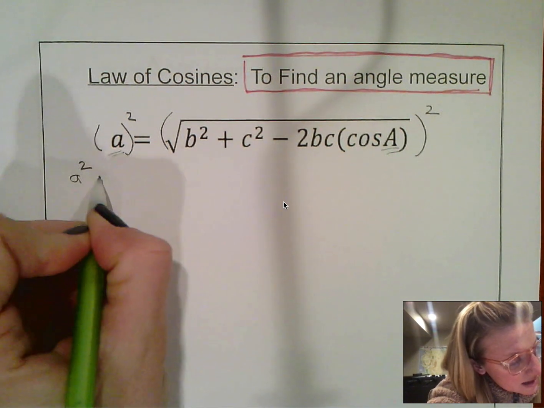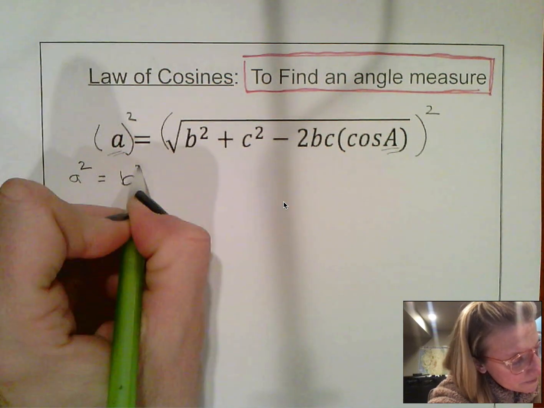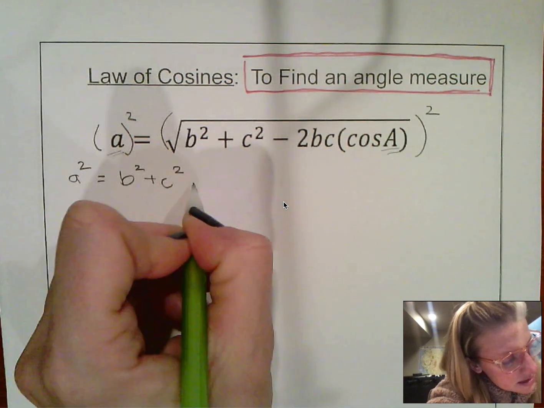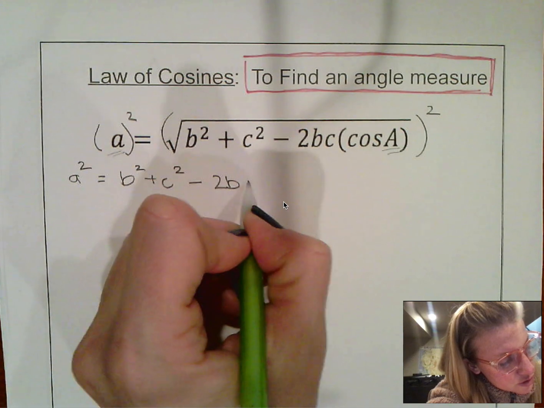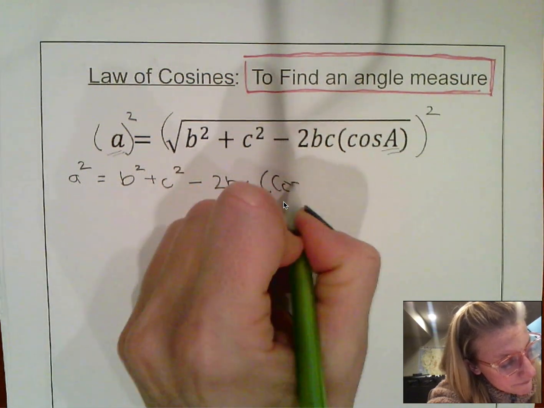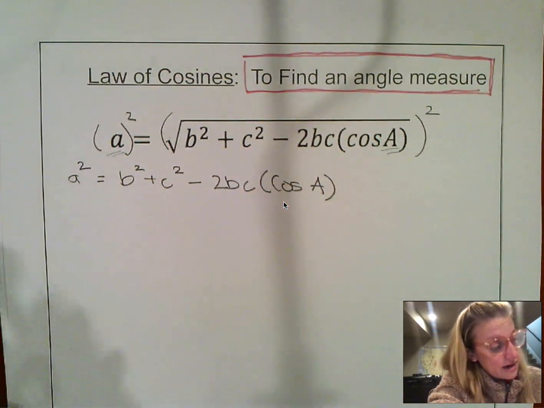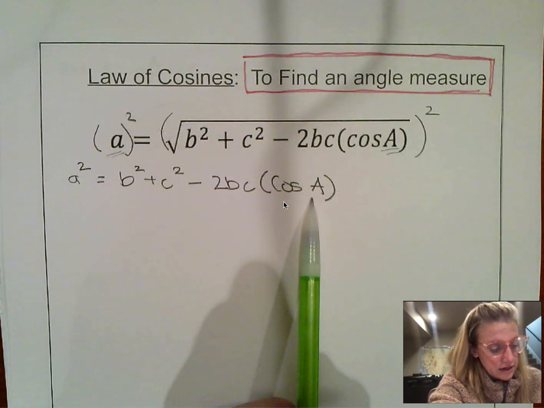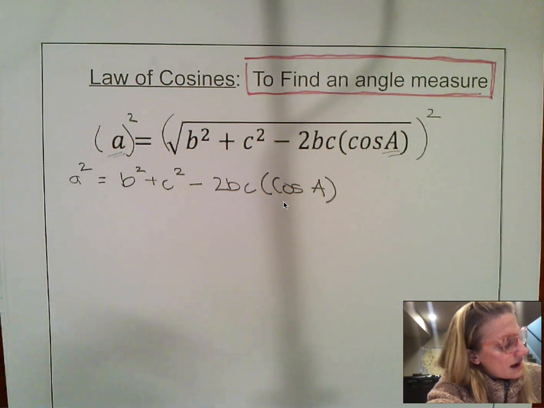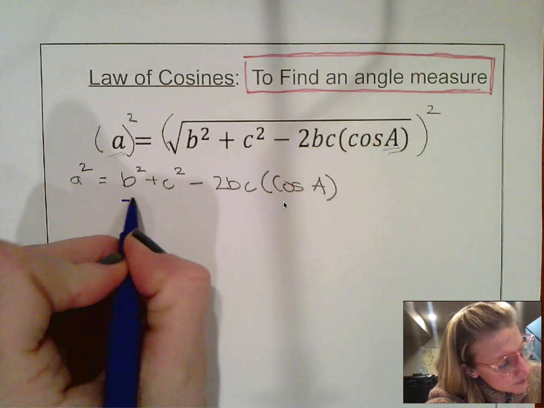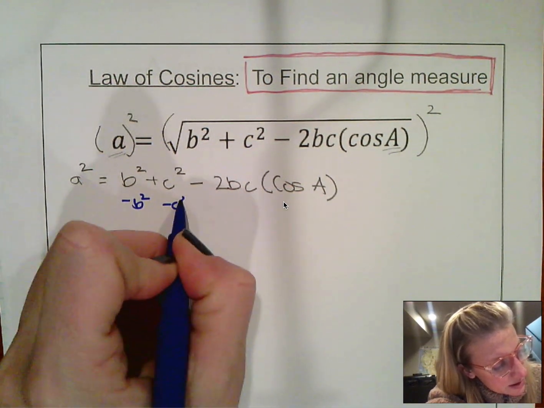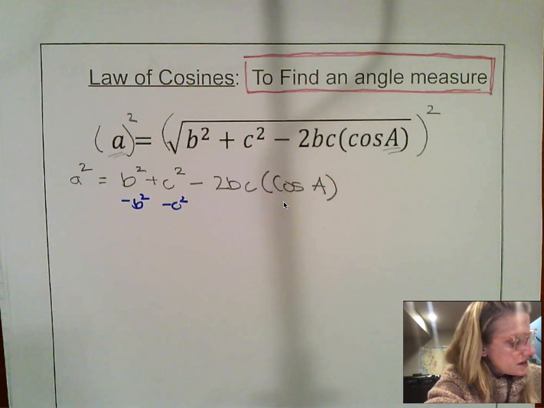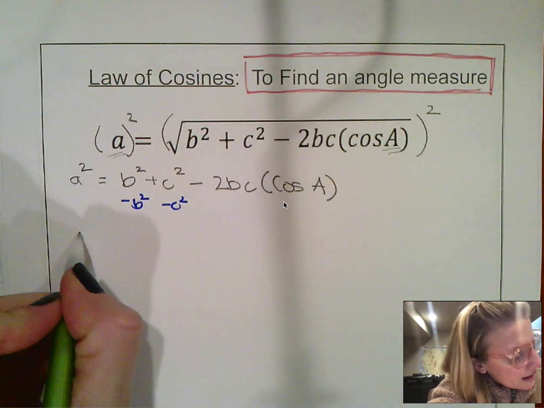So I am at a squared equals b squared plus c squared minus 2 times b times c times the cosine of A. So I still have a ways to go to get this A alone, but it's already looking a lot better. I think next I'm going to subtract b squared and c squared over to continue to try to get that capital A alone.